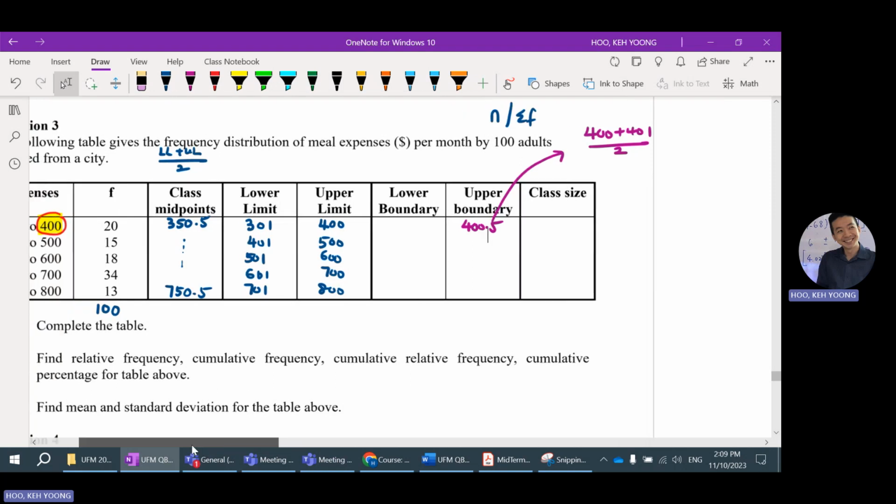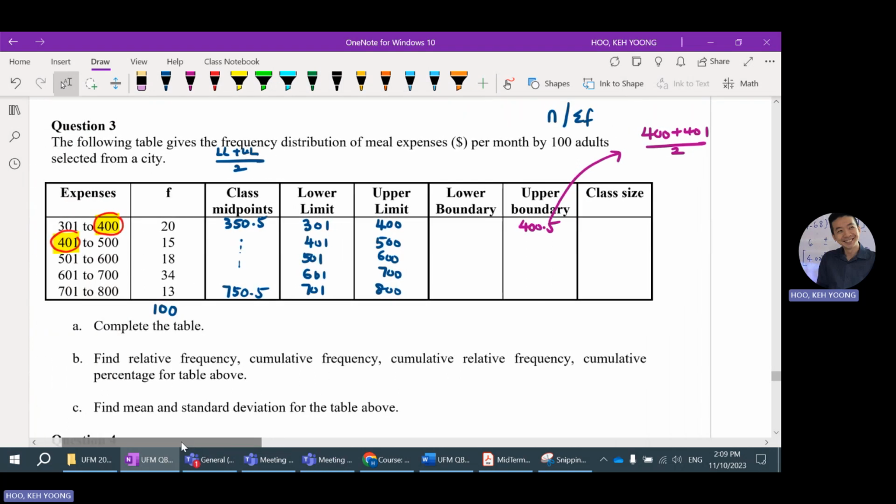For my next value, I will take 500 plus 501 divided by 2, so I have 500.5. For discrete data, the shortcut is just take the upper limit plus 0.5, and you will get your upper boundary.